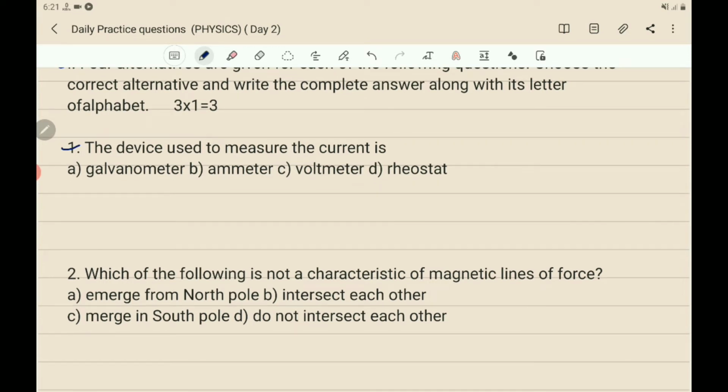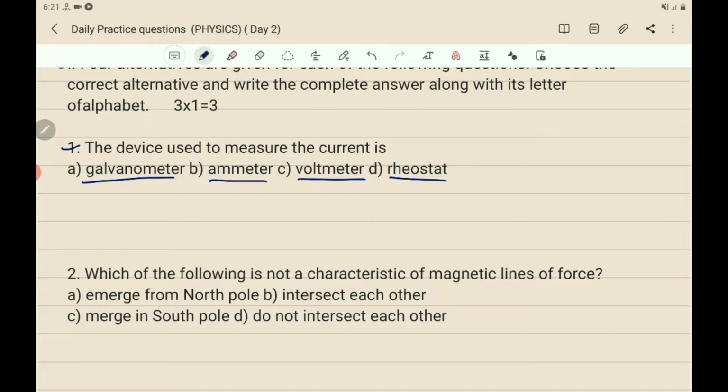The device used to measure the current is. You know that the device used to measure the current is ammeter. Here the 4 options are: option A is galvanometer, option B is ammeter, option C is voltmeter, and option D is rheostat.